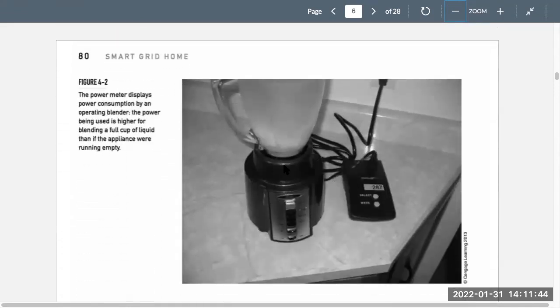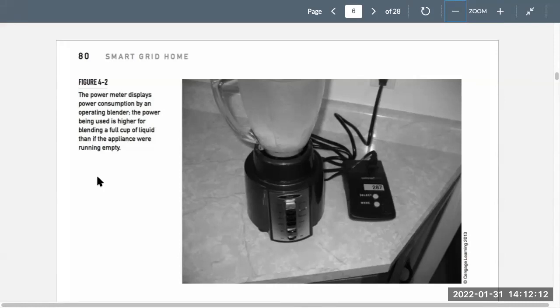So we know that with a blender like this, you're not going to use it all the time, but there are certain types of devices that still pull power when they're plugged in. So if you plug this blender in, it might be pulling 287 watts when the blender is running, but most likely it doesn't pull hardly anything at all when it's sitting there.